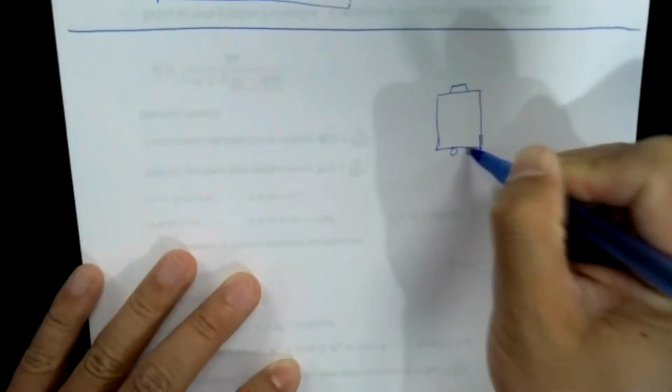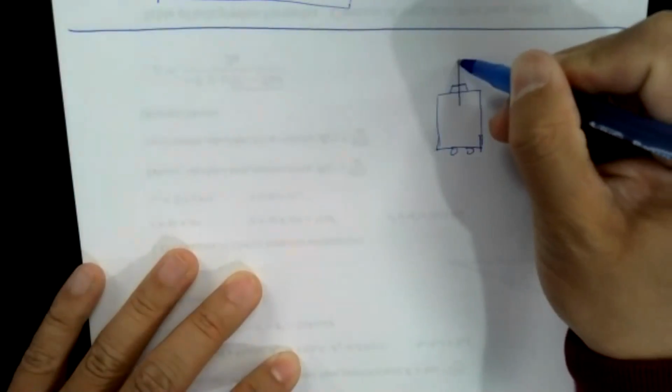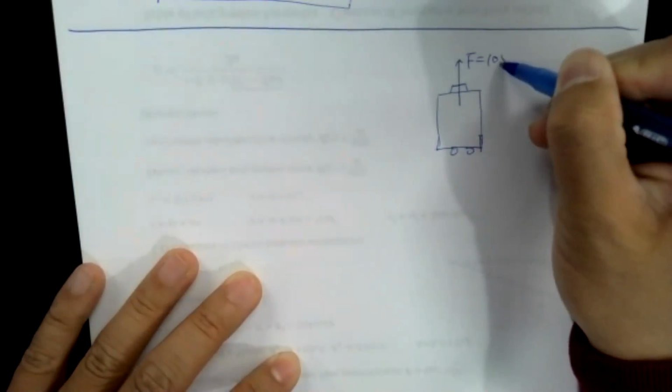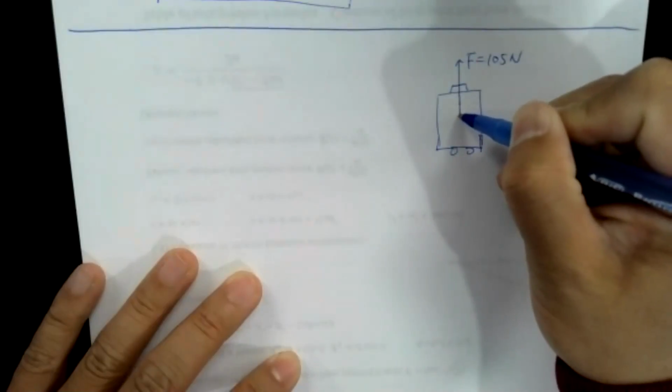Something like that. Now it says you pull it with a force of 105 newtons. If you draw your free body diagram, this is the force that's specified by the problem. But is there any other force here? Yes, weight.